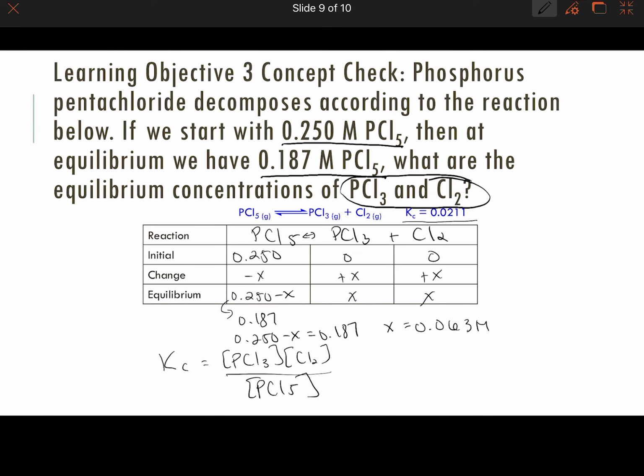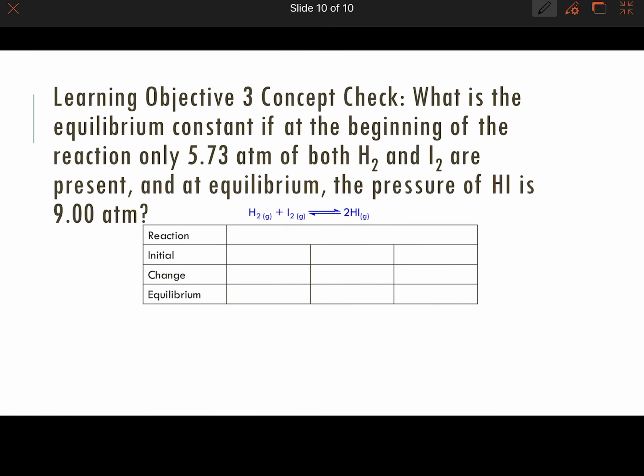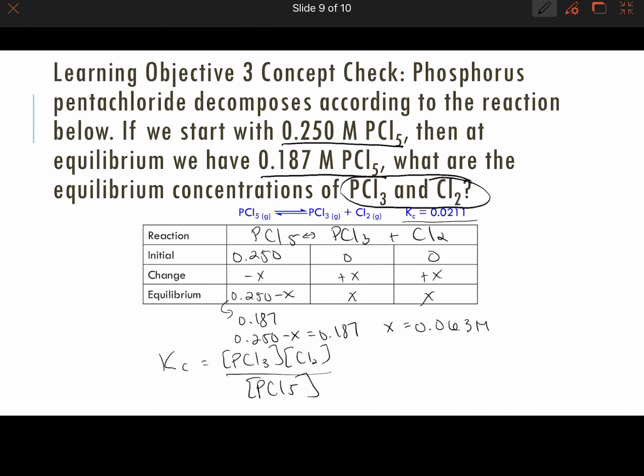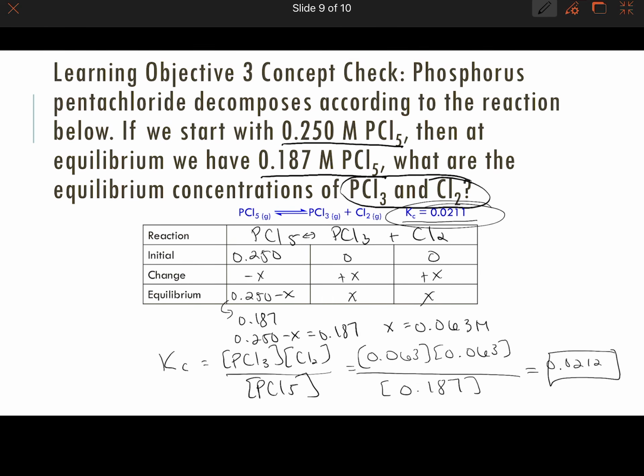Okay. If we put these values in, our x is 0.063, and then we have 0.187. We calculate this out, we get 0.0212, which is very close to that value, so I'd say we did it correctly. Yay!